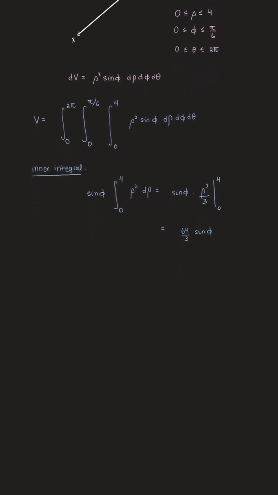All right, let's go to our middle integral, which is in terms of phi. So 64 thirds is our constant that we can pull out of the integral. Our integral in terms of phi goes from 0 to pi over 6, of sine phi d phi. The antiderivative of sine is negative cosine. So we have negative 64 thirds cosine of phi from 0 to pi over 6.